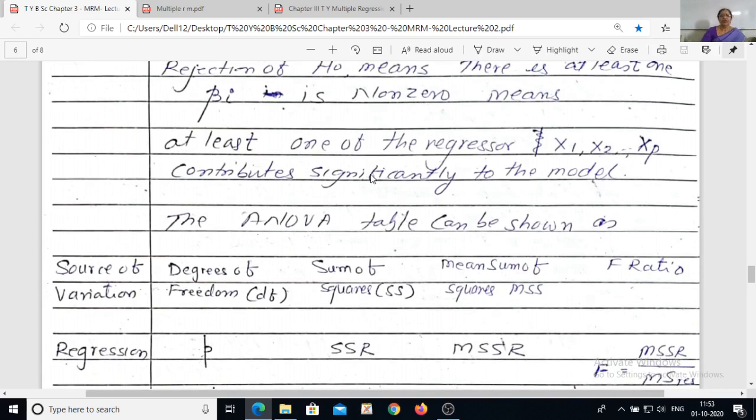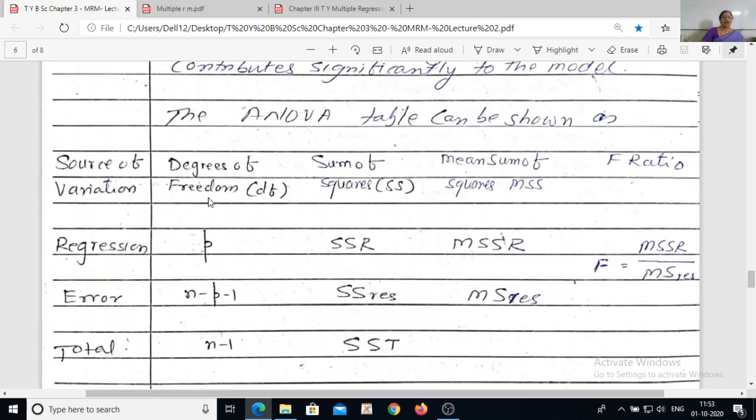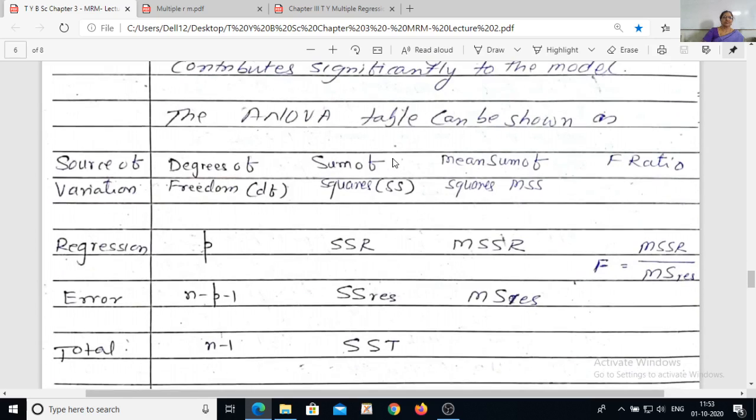Okay. Therefore, in order to have this particular discussion in a short form, we will write the ANOVA table as follows. In ANOVA, these 5 columns are always there. The first column is source of variation. Source of variation is due to regression, due to error, and this is total variation in the model. Further, degrees of freedom are denoted by p, n minus p minus 1 and n minus 1, as we have discussed here.